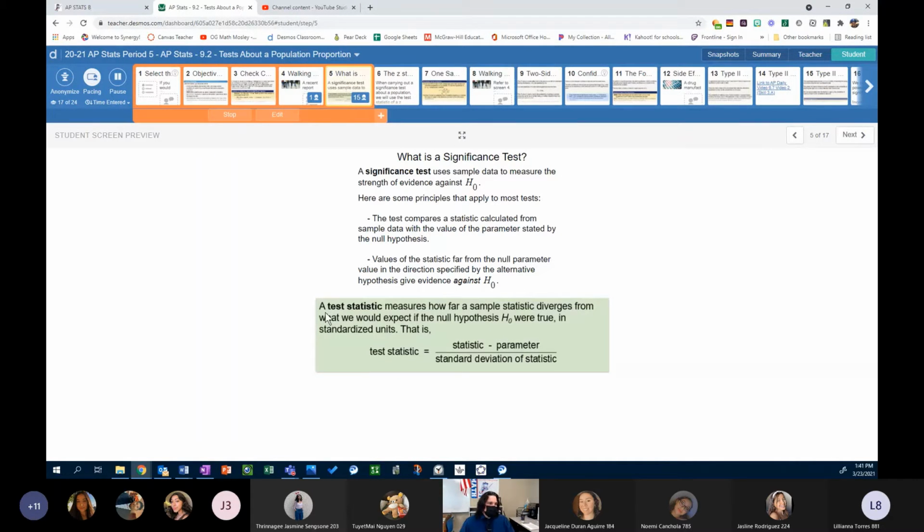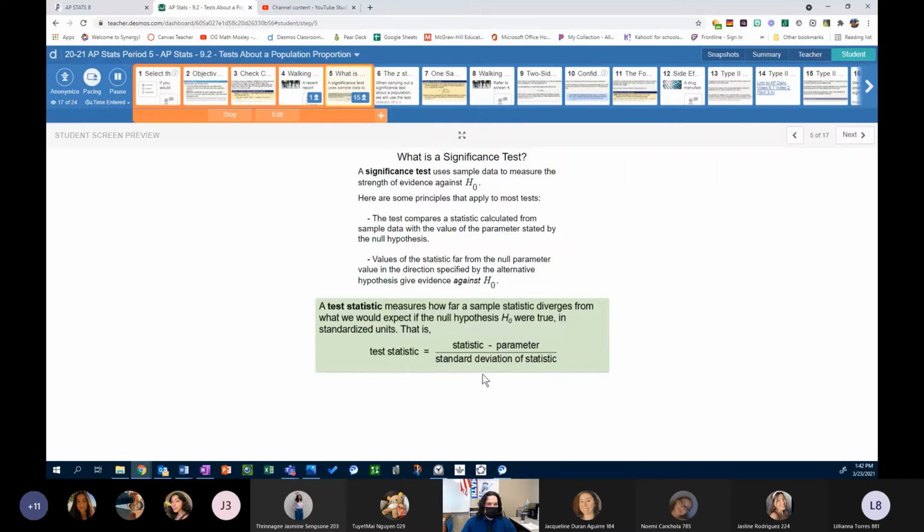Right? A test statistic measures how far a sample statistic diverges from what we would expect if the null hypothesis, H sub 0, were true. In standardized units, that is, test statistic equals statistic minus parameter divided by standard deviation of statistic.